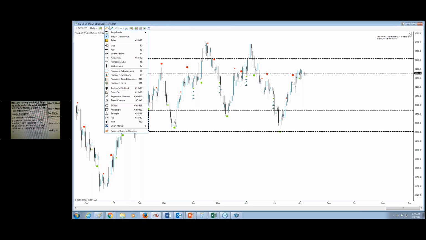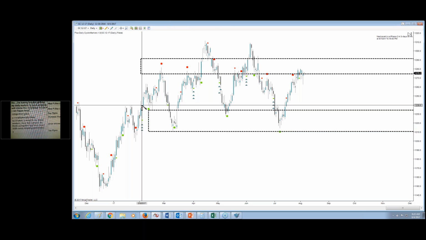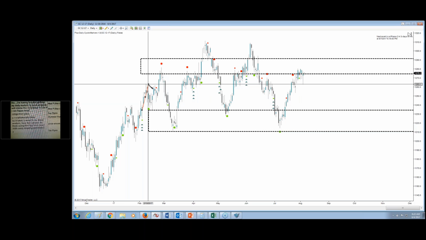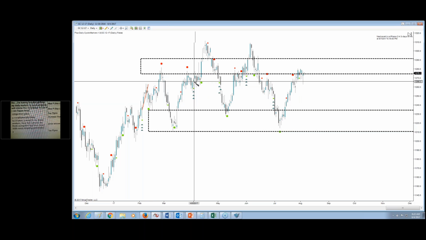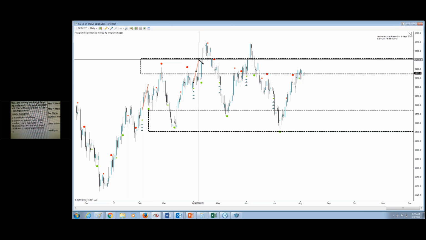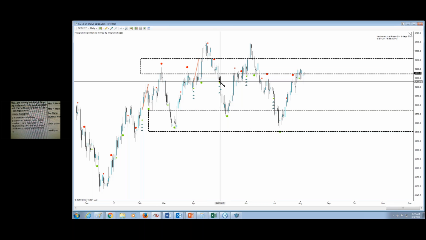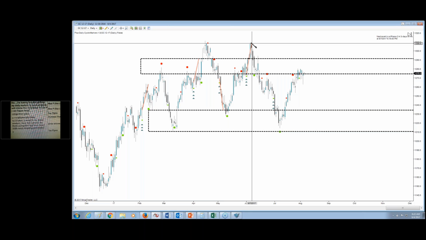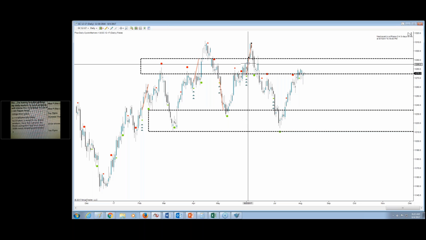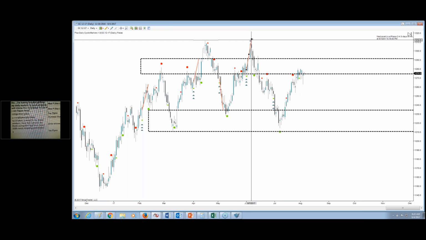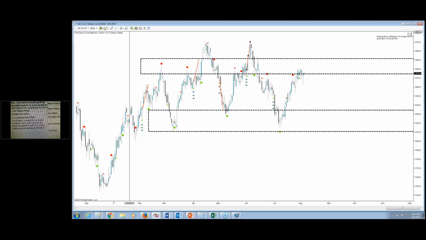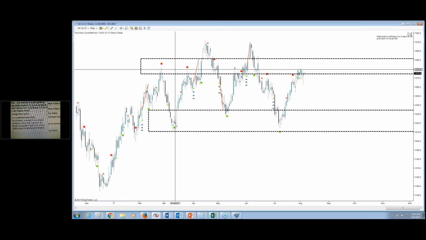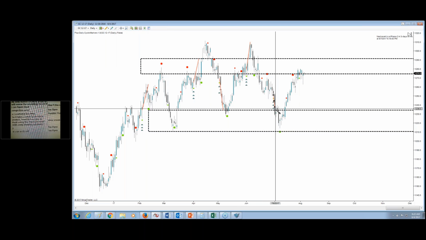It either closes higher and goes up, or, Tim, it closes lower and goes down.